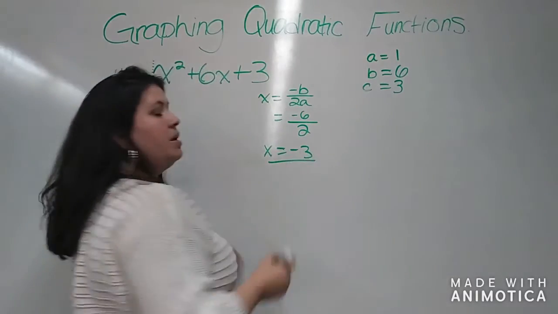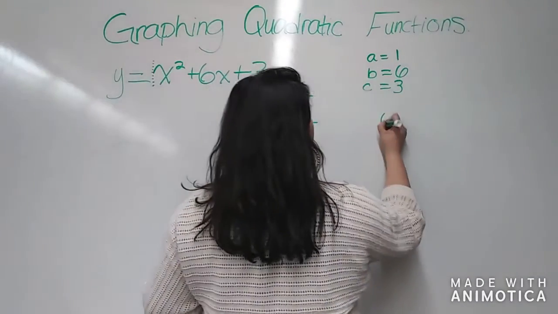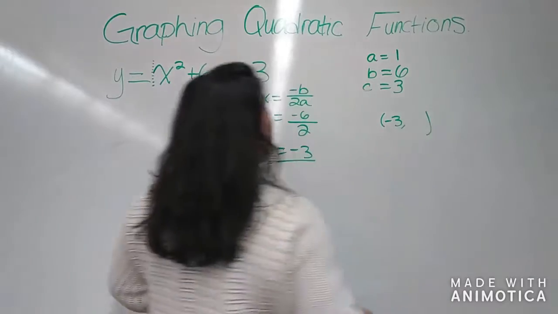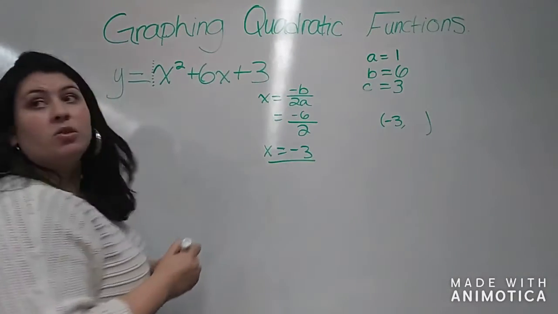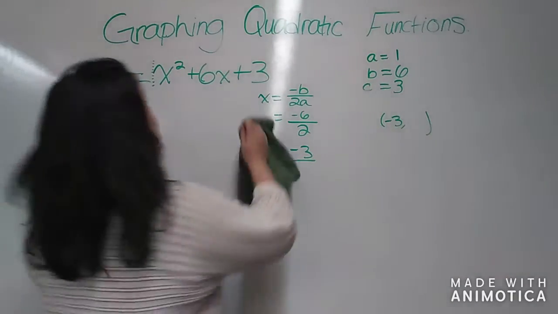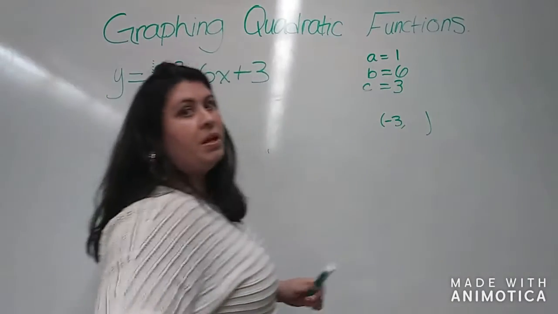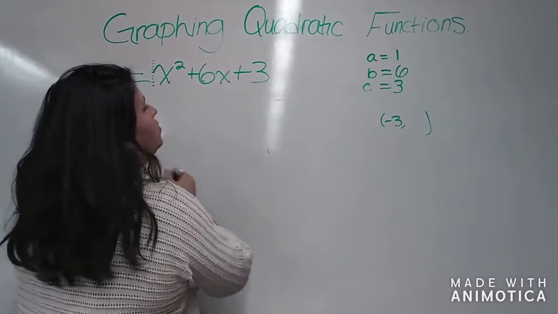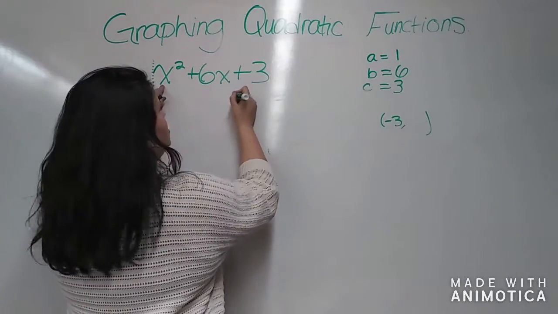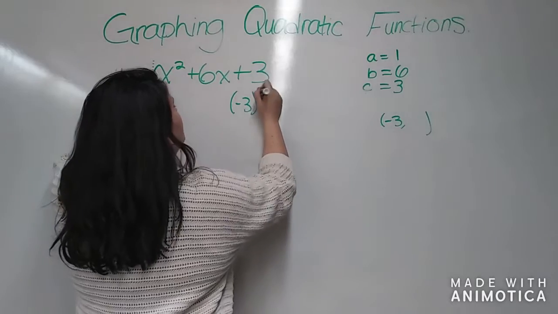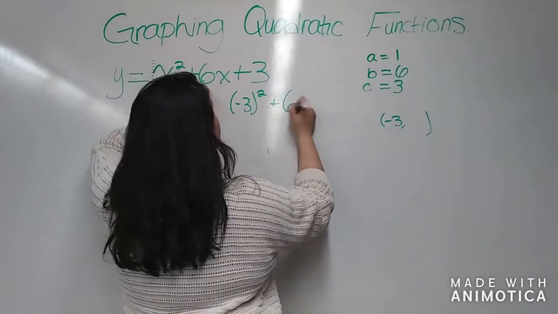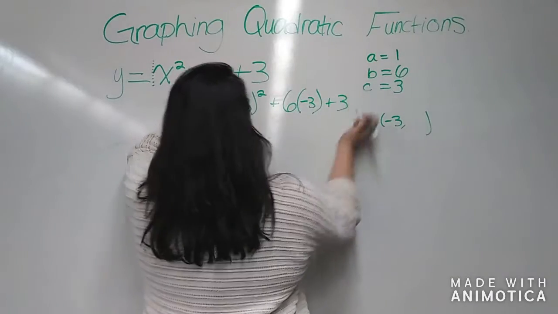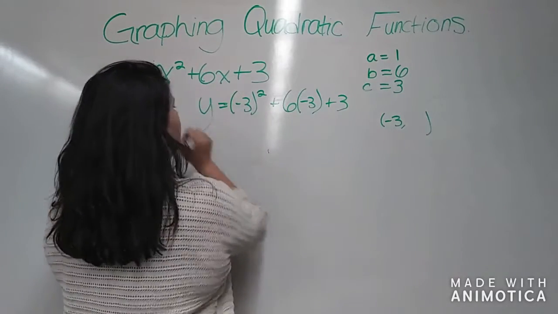Here's the x-coordinate of our vertex. We'll go ahead and start a little point list over here. Negative 3, comma, and we need to find the other half of that. So we're going to plug negative 3 in for our x's, and we'll find the y portion. So x squared, negative 3 squared, plus 6 times x, 6 times negative 3, plus 3 equals y.